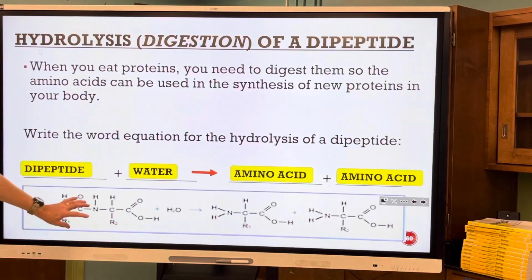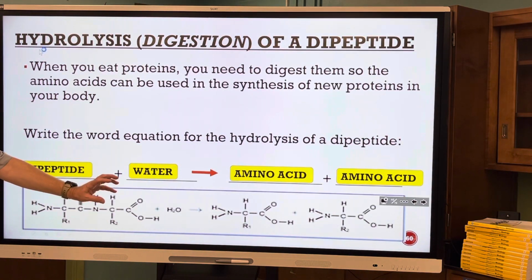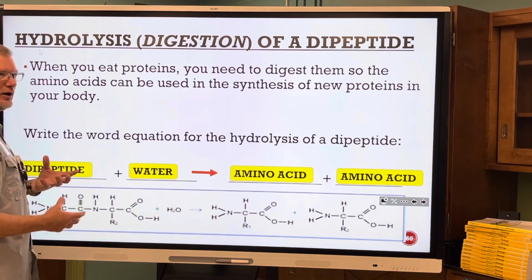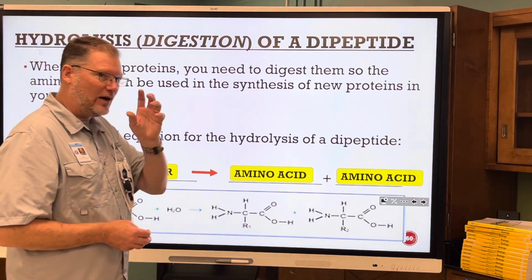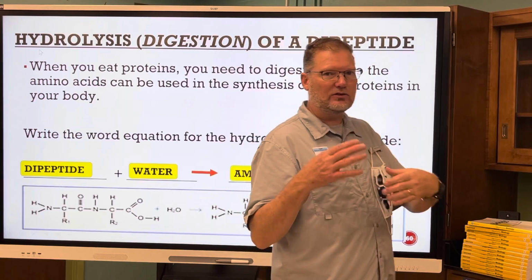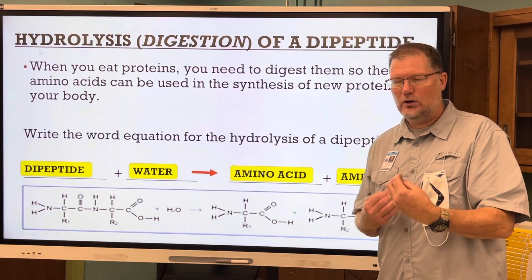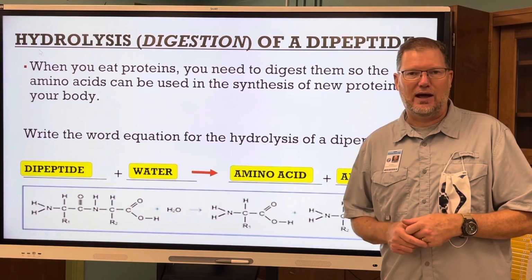You have your dipeptide, so it's backwards. Your dipeptide and water, so that's why when you eat protein, you have to drink water, because your body is using water to break those proteins down to make the basic amino acids.